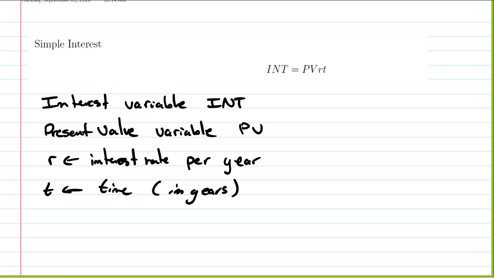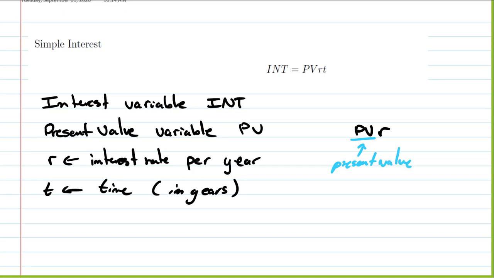So the reason I mention that is we need to be aware of the fact that PV isn't two variables. It's P, the principal or the present value, right? So when I write PVR, PV is one variable, the present value, and the R is the interest rate.